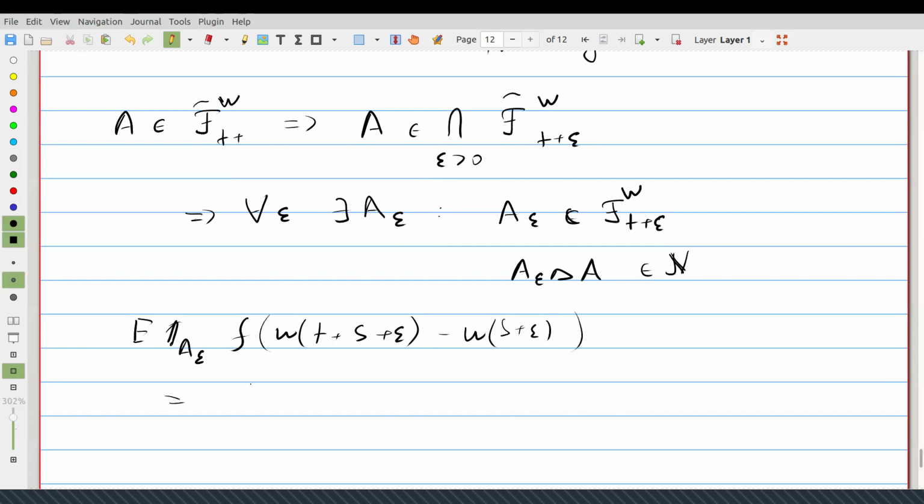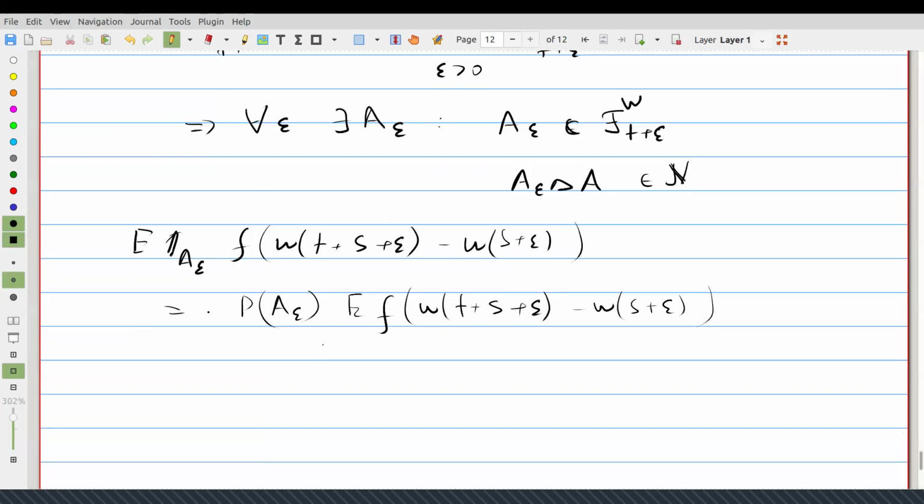Again, we can use the same strong Markov property, and we will arrive at P(A_epsilon) times the mathematical expectation of f of W_{t+s+epsilon} minus W_{t+epsilon}. And again, we can go to the limit when epsilon goes to zero, because actually this is already P of A because of this property. And we again can conclude these two sigma algebras are independent.